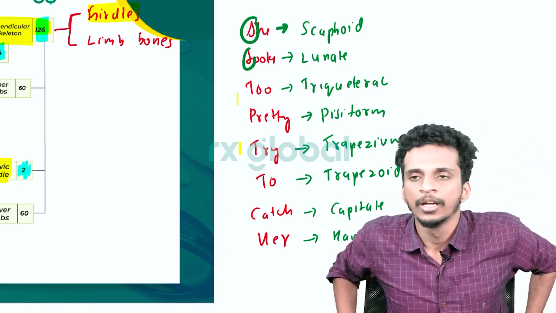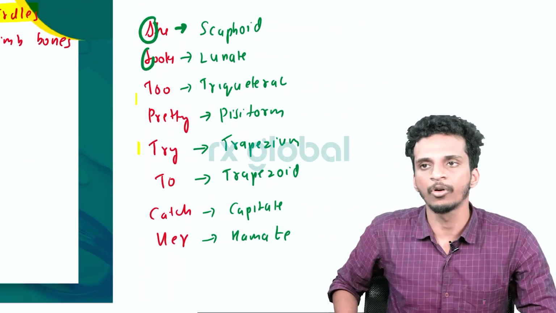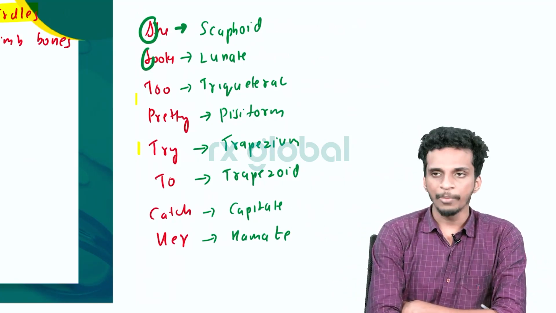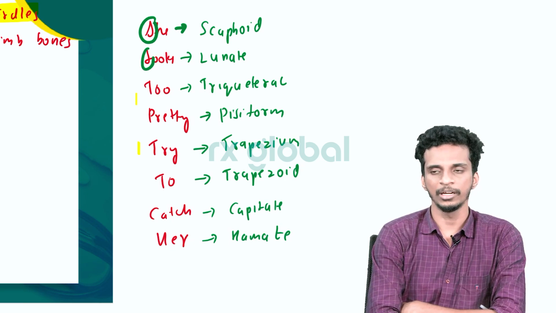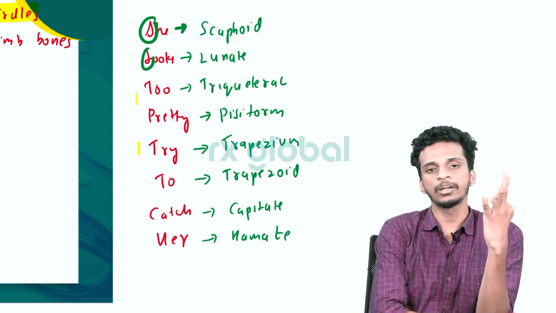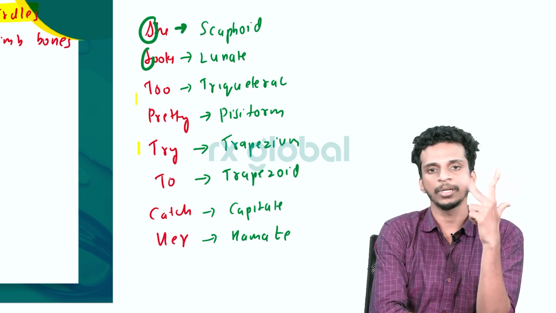In your 12th standard, you just learned that we have 8 carpals, but in first year MBBS, you will learn in detail about each of these carpal bones: scaphoid, lunate, triquetral, pisiform, trapezium, trapezoid, capitate, and hamate.